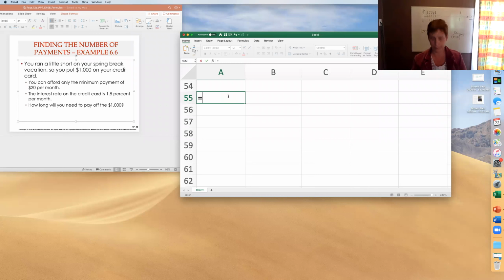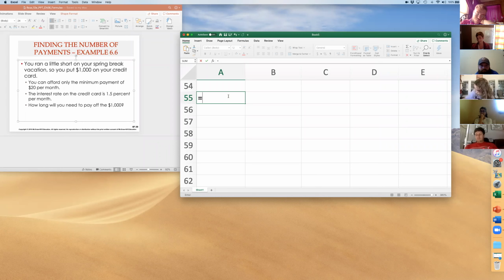All we do is we hit equal. We're going to have to be really careful with our signs. So as far as inflows and outflows, we need to think about it. This is a number of periods problem in NPER. We're going to open up the parentheses. The interest rate is 0.015. That is a monthly interest rate.